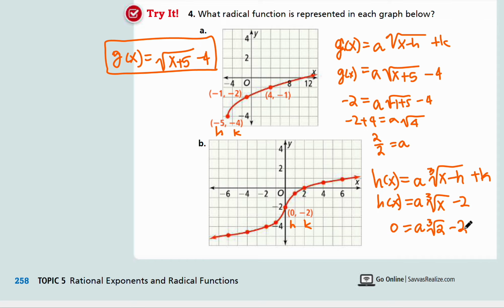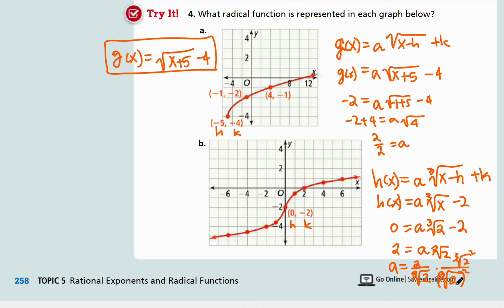And then that means we have 2 is equal to a cube root of 2, and then a is equal to 2 divided by cube root of 2. In order to rationalize your denominator, you want to multiply by cube root of 2 squared, right?